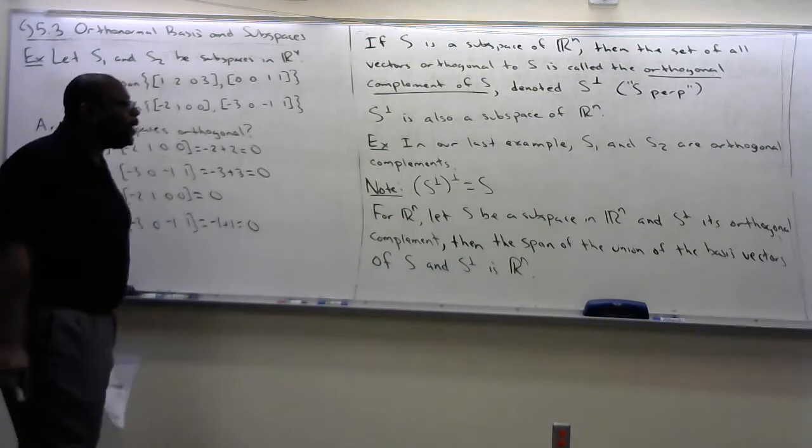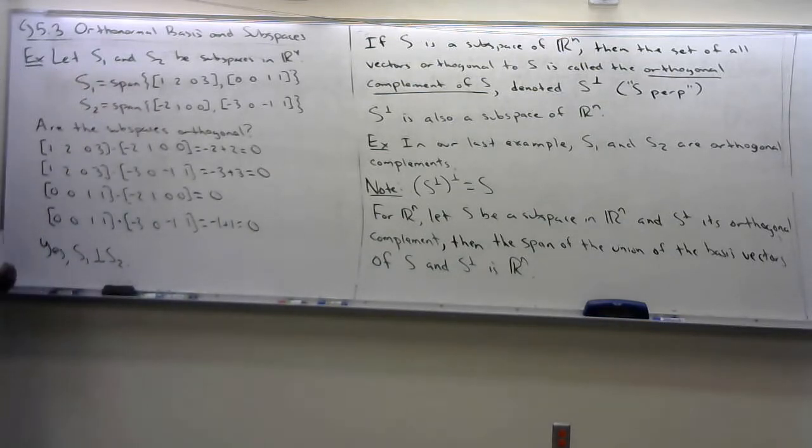So if you pick a basis for S and a basis for S perp, and combine those basis vectors together, the span of those combined vectors is going to be all of Rn.